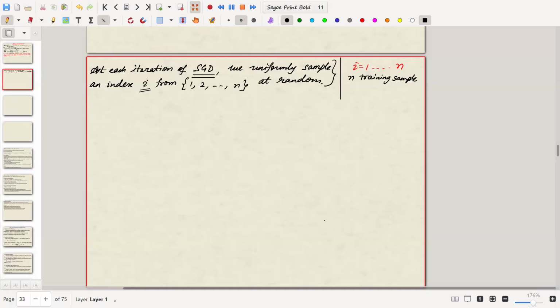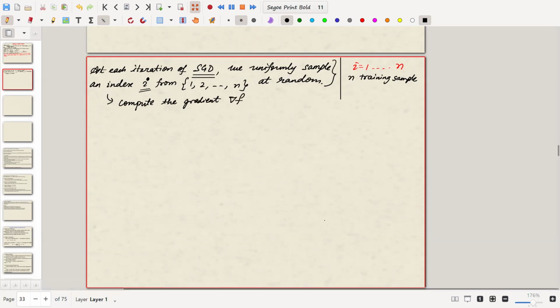Instead of grad f, what should you have? Okay, anyway, after this you compute. You have selected, so compute the gradient.